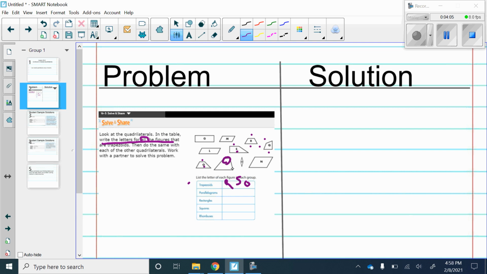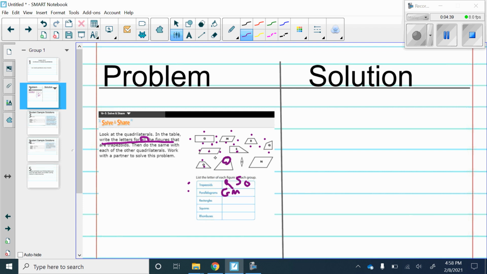Next, I need to classify parallelograms. These are going to be shapes that have two pairs of parallel sides. When I look at G, I see there are two sets of parallel sides. M has two sets of parallel sides. R does not, because you can see the two that are slanted away. Q does not, because all four sides have a little bit of a slant.